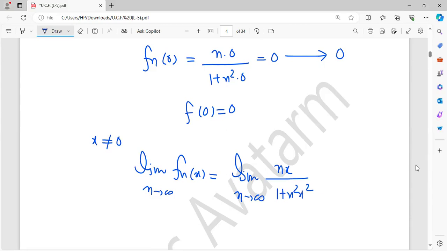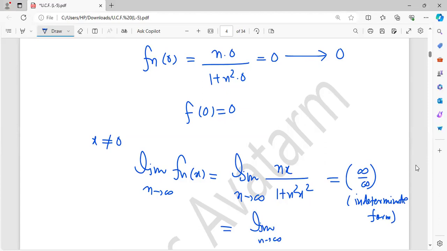The numerator is infinity, maybe plus infinity or minus infinity, it does not matter, and the denominator is also infinity. So it is an infinity by infinity indeterminate form. So we can use L'Hospital rule.